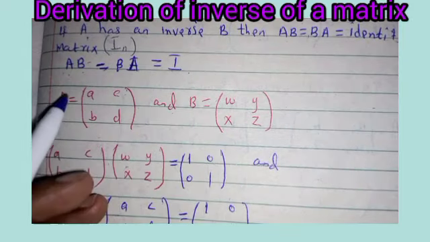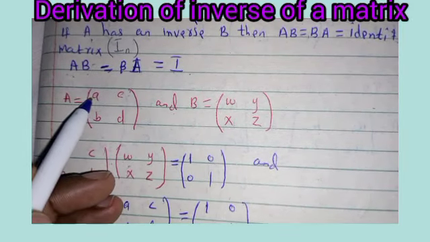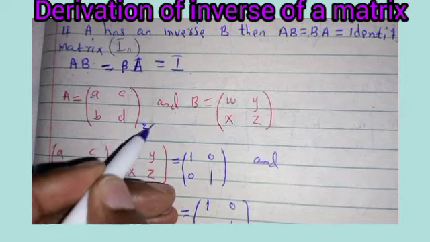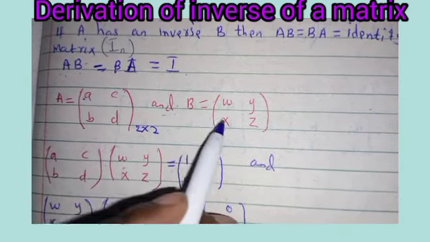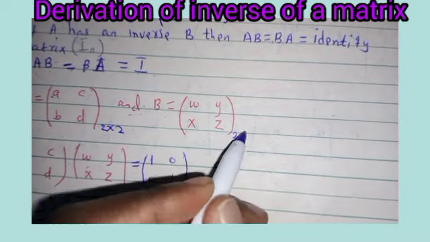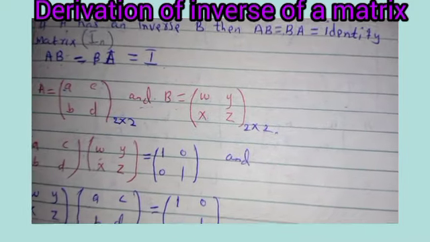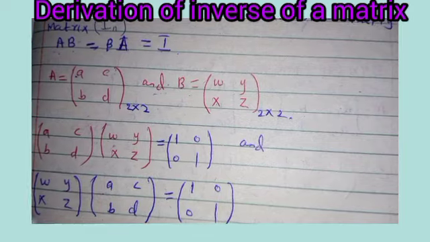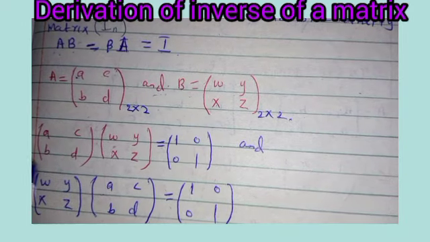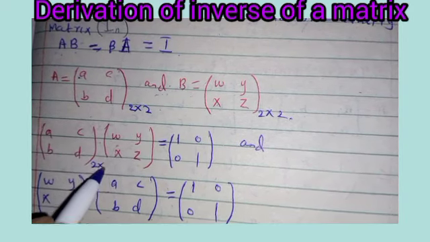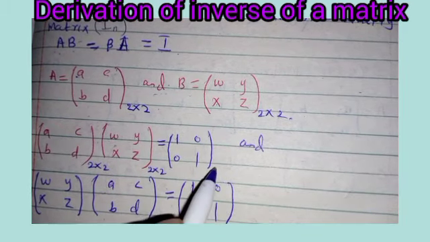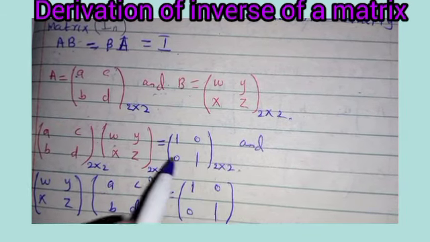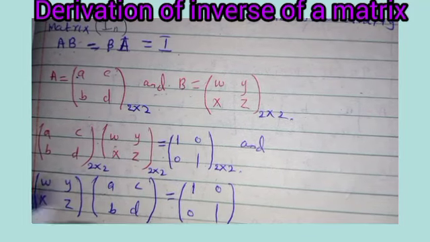is the identity matrix. We are letting our matrix be a 2 by 2 matrix, and the inverse of A, we are letting it be B, which is also a 2 by 2 matrix. Then, when you multiply matrix A, which is 2 by 2, with its inverse, which is 2 by 2, the result will be an identity matrix, which is 2 by 2.